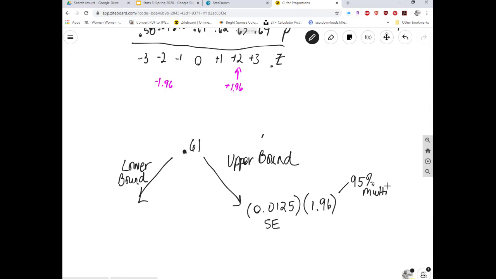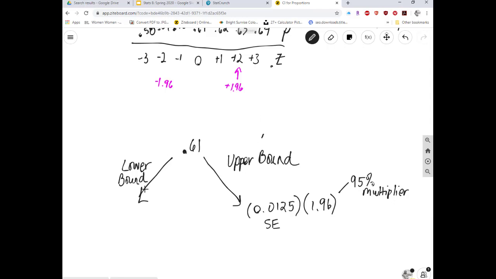Okay, so if I multiply 0.0125 times 1.96, it will give me the raw score that corresponds with this. So if I multiply these two numbers together and add it to that center number, it will give me this corresponding raw score.